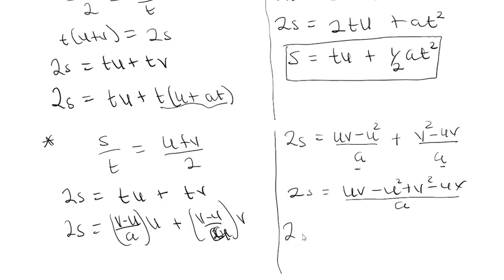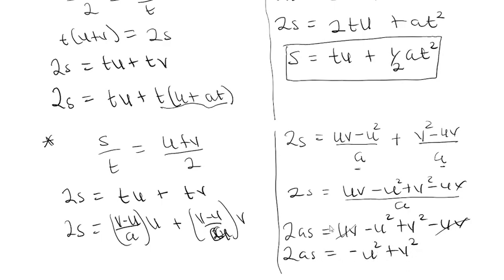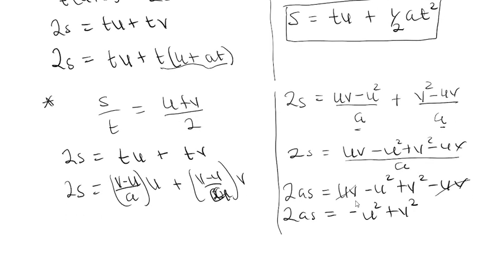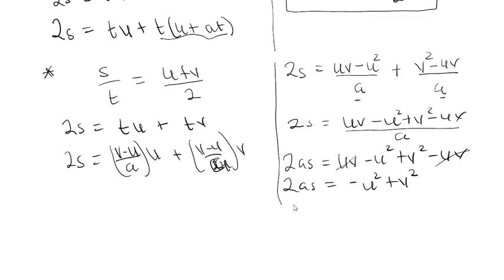We are going to get 2as equal to uv minus u squared plus v squared minus uv. So you have 2as equal to uv minus uv, that is gone, so we have minus u squared plus v squared. This can also be written as u squared plus 2as equal to v squared.